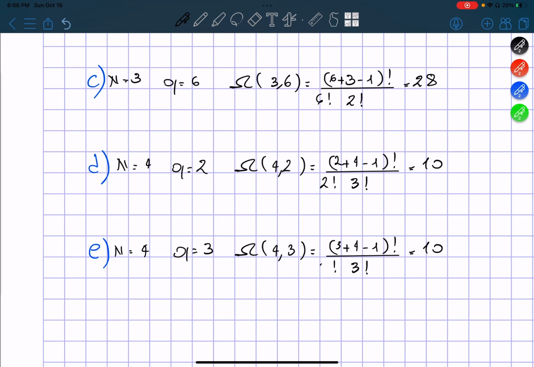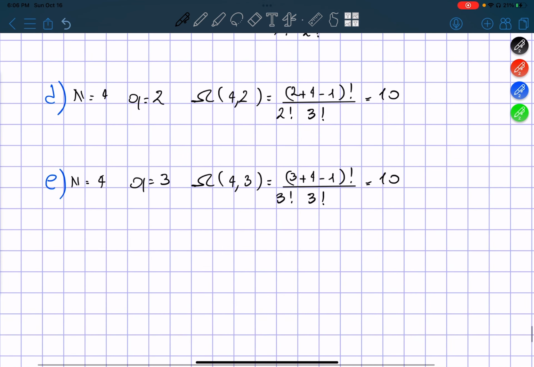That means that on the top we're going to get 6 factorial divided by 3 factorial times 3 factorial, which is equal to 20.